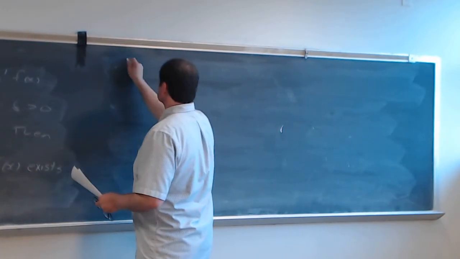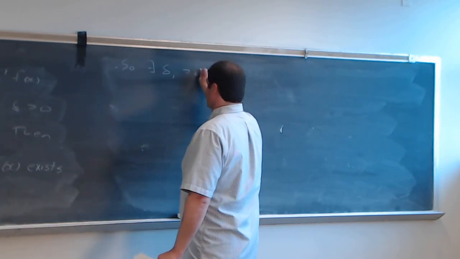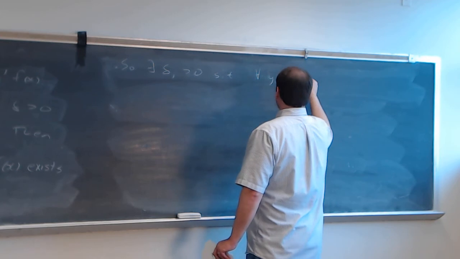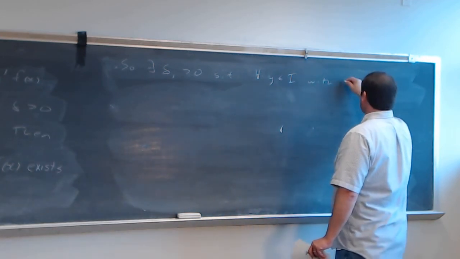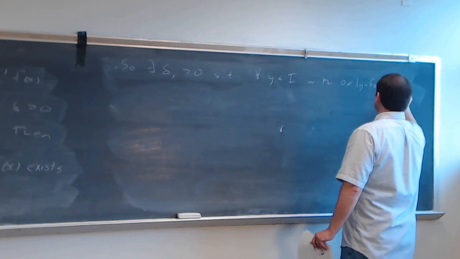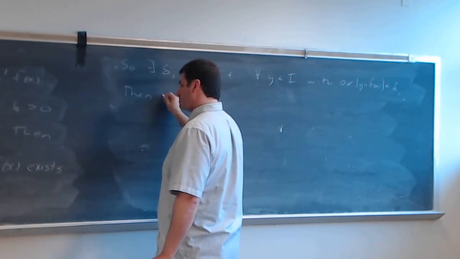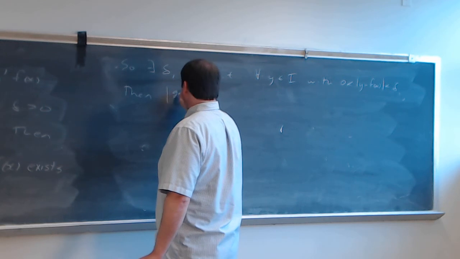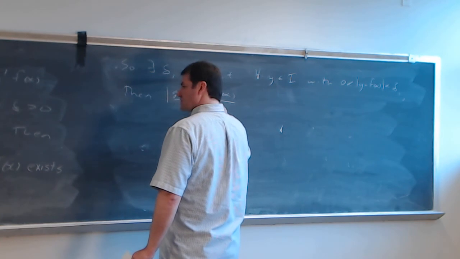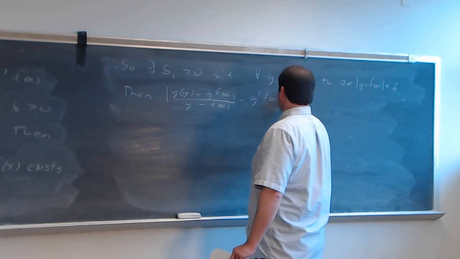So there exists this delta sub 1, using the definition of limit here, greater than 0, such that for all y's element of I with 0 less than the absolute value of y minus f of x less than delta sub 1, then the absolute value of g of y minus g of f of x all over y minus f of x, minus g prime of f of x will be less than epsilon.